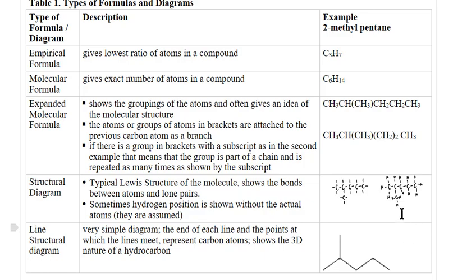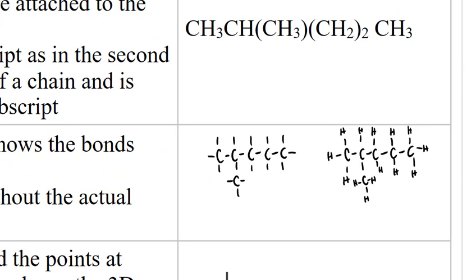So I'll look at this one first, the structural diagram. When we look at this structural diagram, we can see that it's showing us the way that the carbon atoms are organized in this molecule. So this is saying that we have 5 carbons in a chain, and then the hydrogens are attached to the carbon.